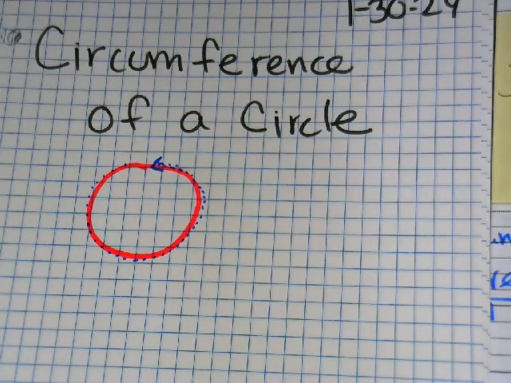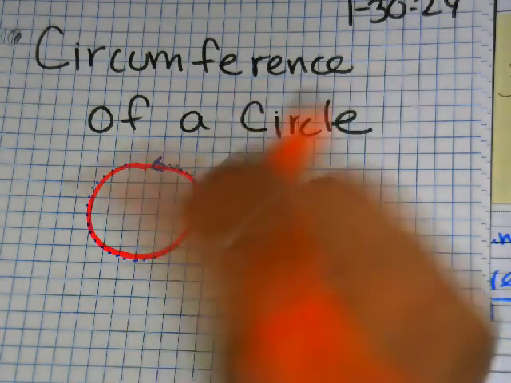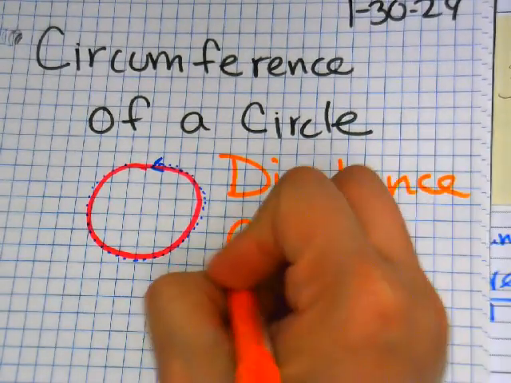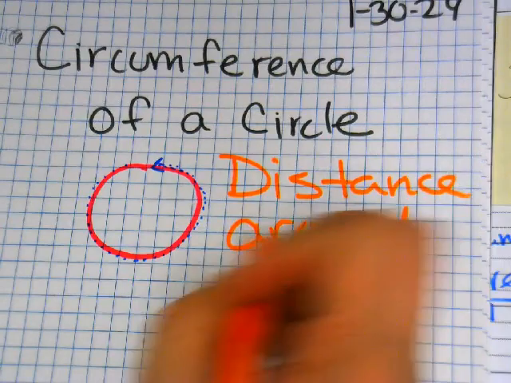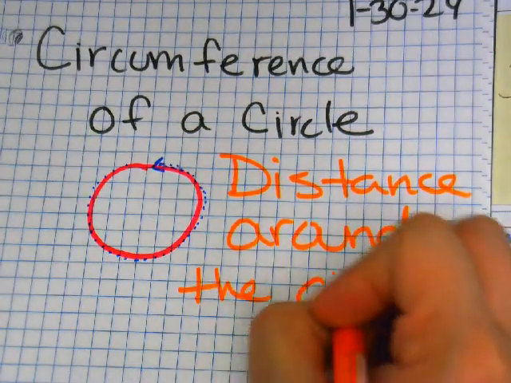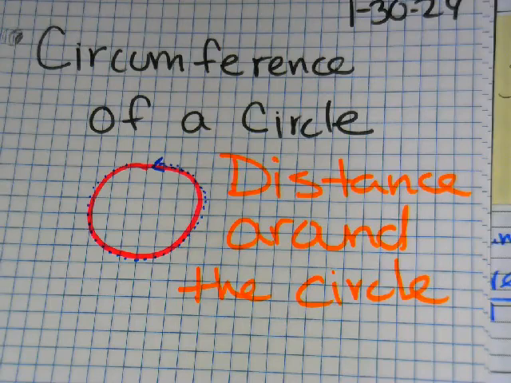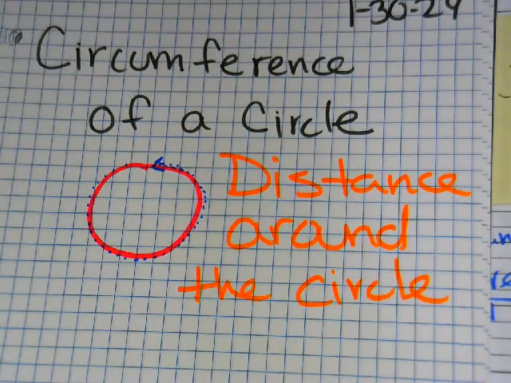So circumference is the distance around the circle. So the distance around the circle, otherwise known as perimeter. But we don't call it perimeter because that's just too basic, and we are not basic in math.